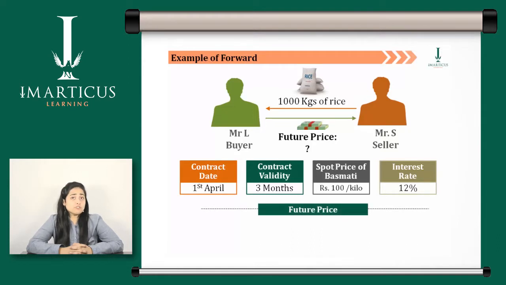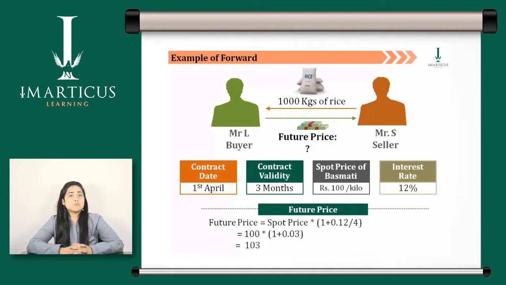What should be the price of basmati rice at the expiry of 3 months? The future price is calculated as the spot price multiplied by 1 plus 0.12 divided by 4. In our case, it would be 100 multiplied by 1 plus 0.03, which comes to rupees 103.